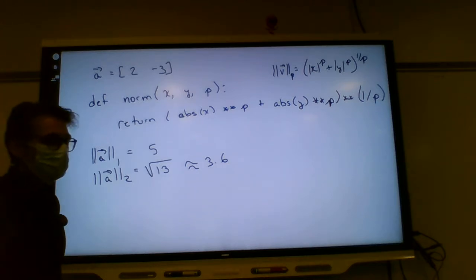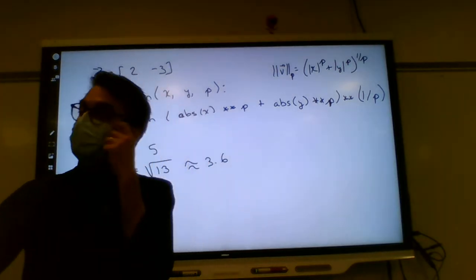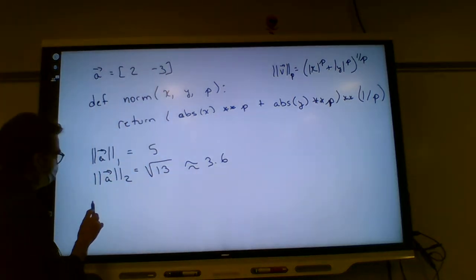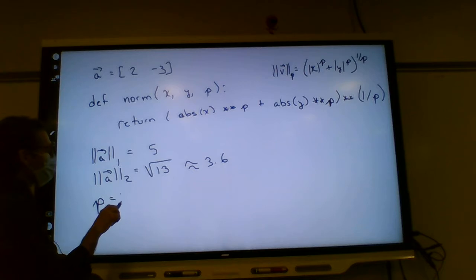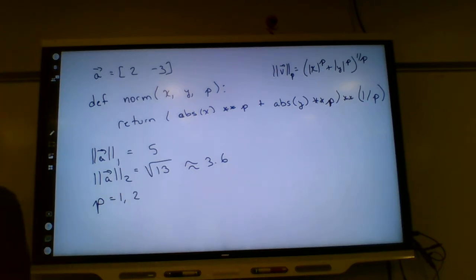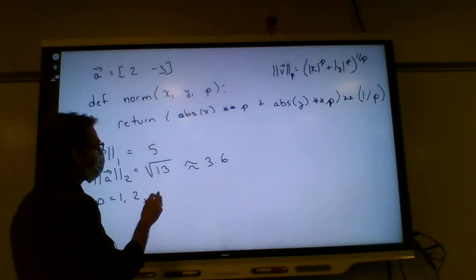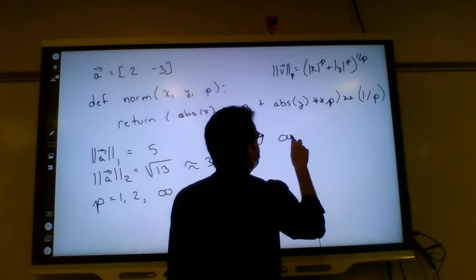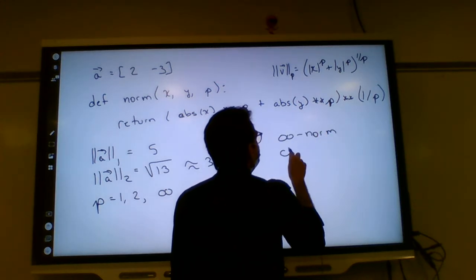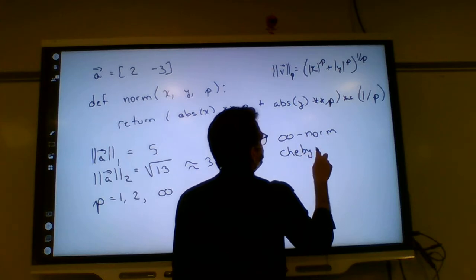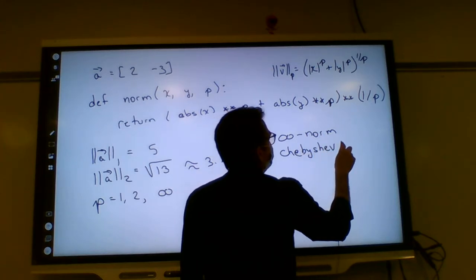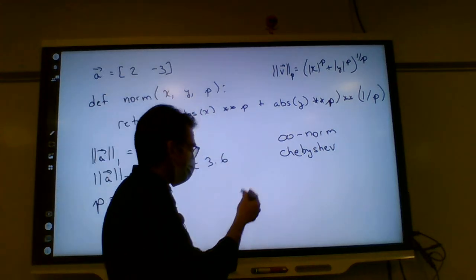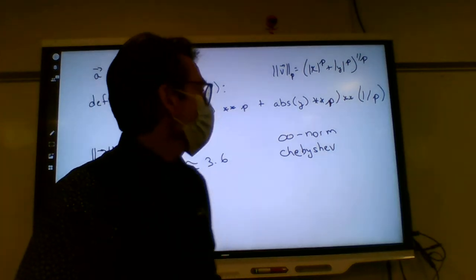All right, now there's another norm. We could do 3 norm, 4 norm. We could do all these, but there's another one in particular that has meaning. So P1 or 2, they have meaning. We've already seen what that is. There's another norm called the infinity norm. Sometimes it's just written like this. Sometimes it's called the Chebyshev norm, named after, again, obviously a person with that name.